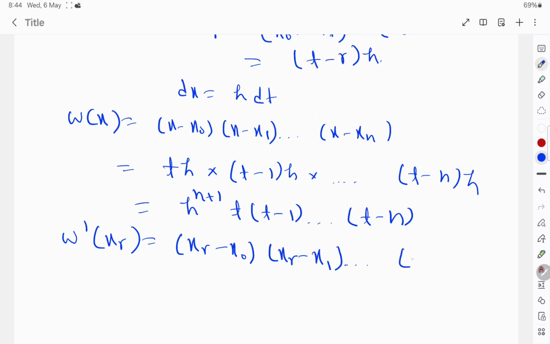So from there you will see you have this type of expression. xr will not be there, right? Because if it is there, then it will become 0. So what do you have?